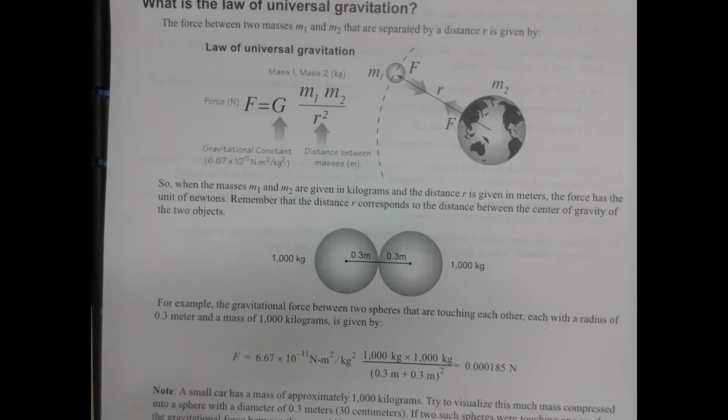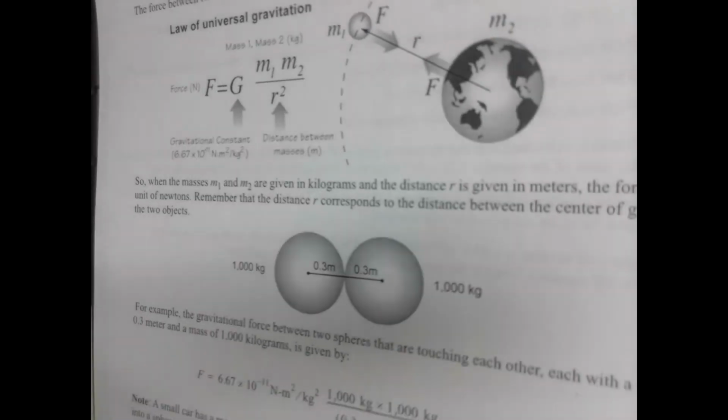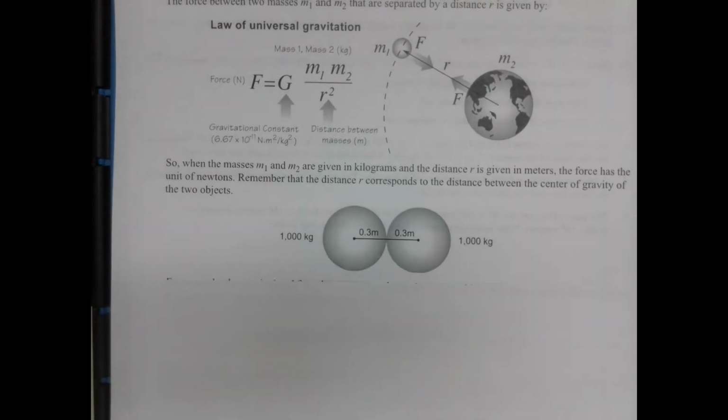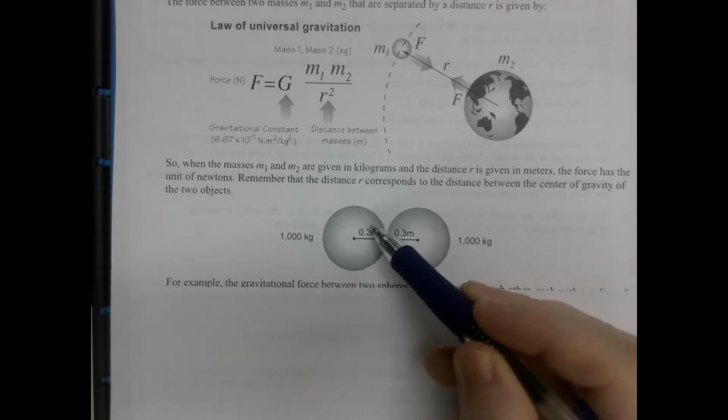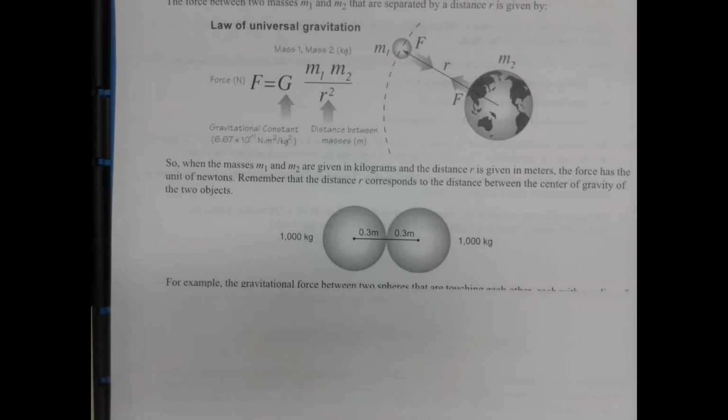For example, suppose that we have 1,000 kilograms and another 1,000 kilogram ball, and they have a radius of 0.3 meters, so that when they touch, the distance between their centers is a total distance of 0.6 meters.